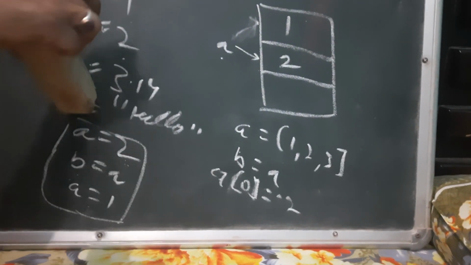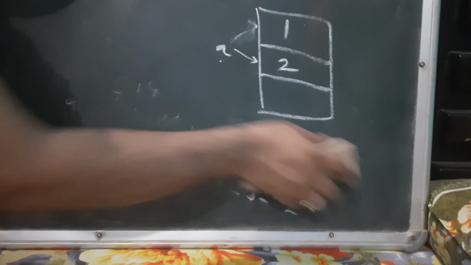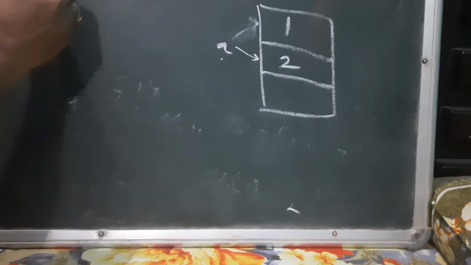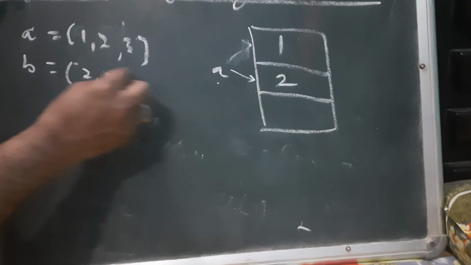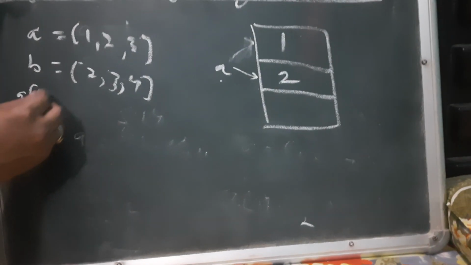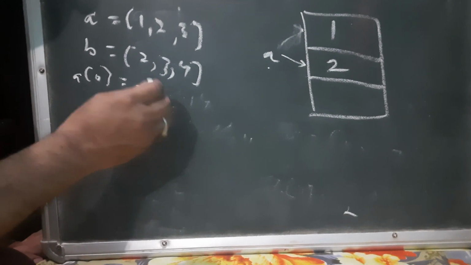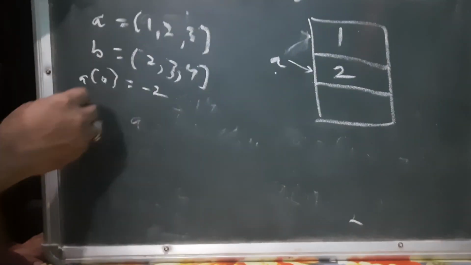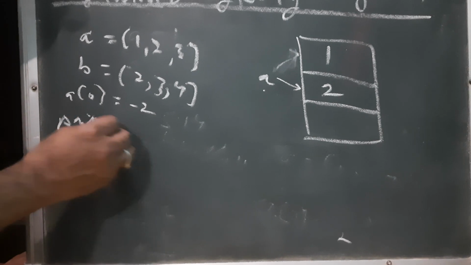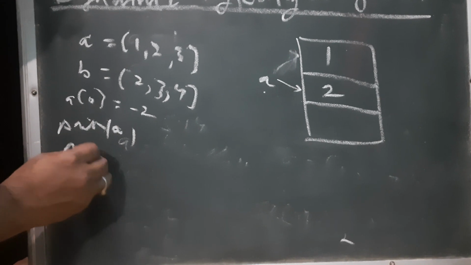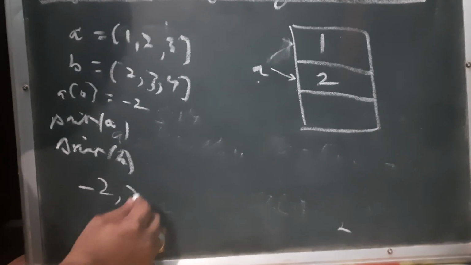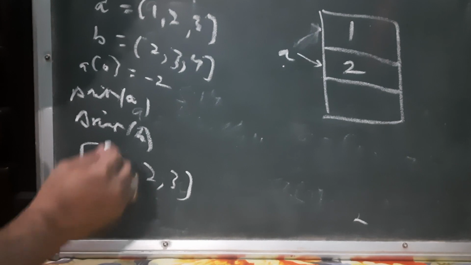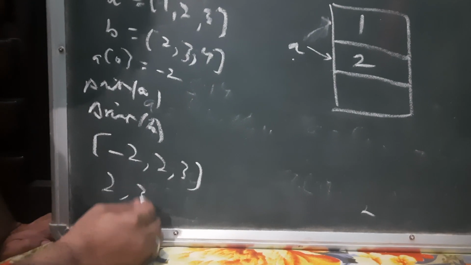Okay. Now let us take one more example. Suppose I assign A equals [1, 2, 3], a list, and B equals [2, 3, 4]. Now if I change A[0] to be -2, and if I print A and print B, the result will be A giving [-2, 2, 3] and B printed as [2, 3, 4].